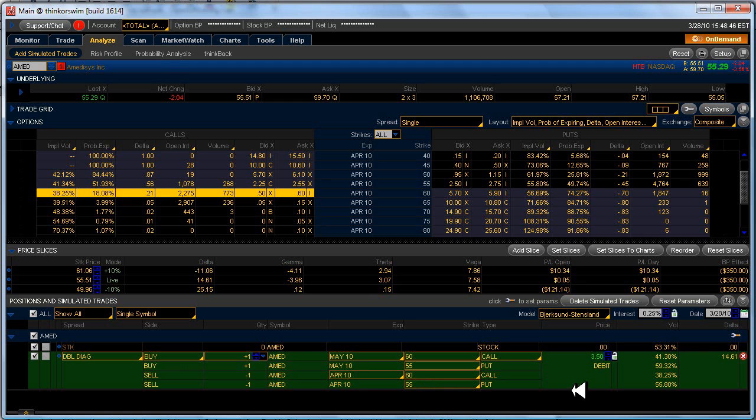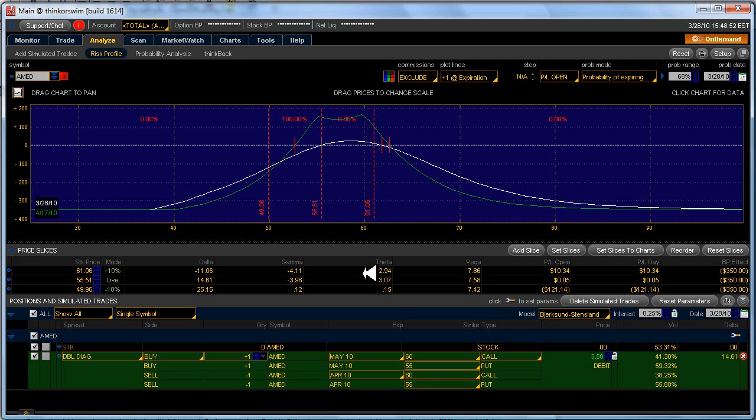Sorry you can't see the drop down. I can't get everything in this window. So I change that to 55 and I go to the risk profile and I take a look at it. Now when I talk about a good profit tent, this is a good profit tent. The peak here is actually at the strike price of your options. So that's going to be your greatest gain.